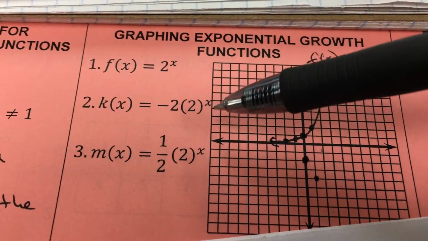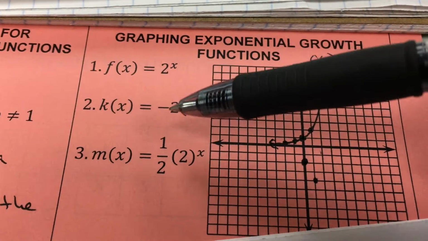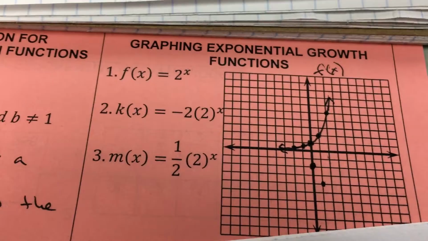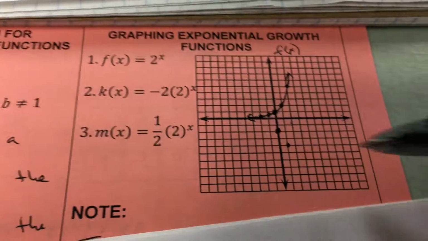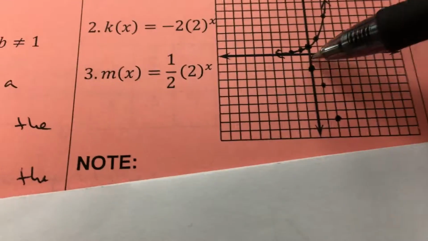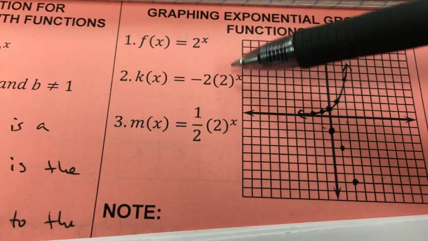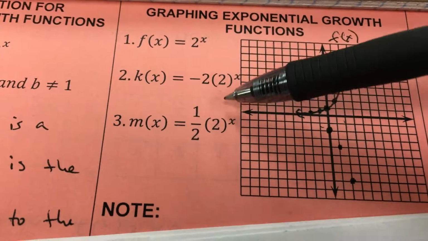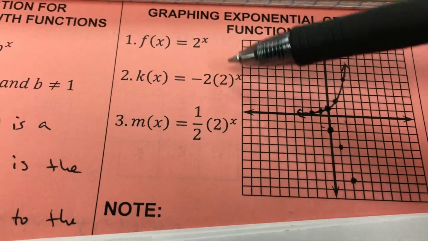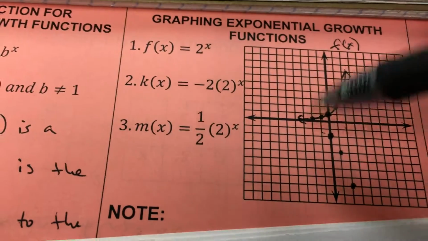And then if I plug in a 2, 2 to the 2 is 4. 4 times -2 is -8. So then we jump down here to -8. Awesome. Then if we go -1, we put it in the bottom of the fraction, so 1 over 2. 1/2 times -2 is -1.